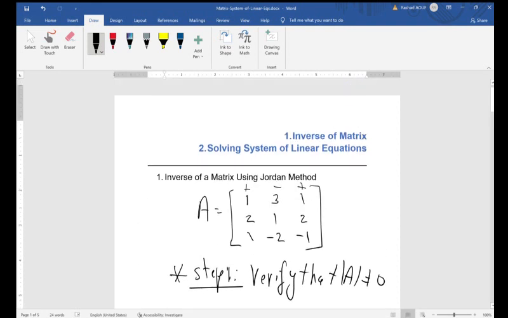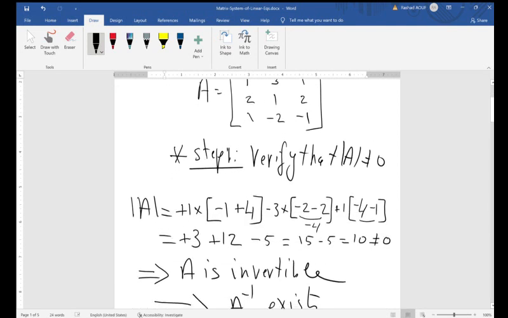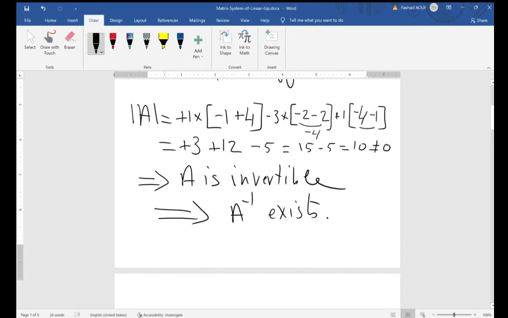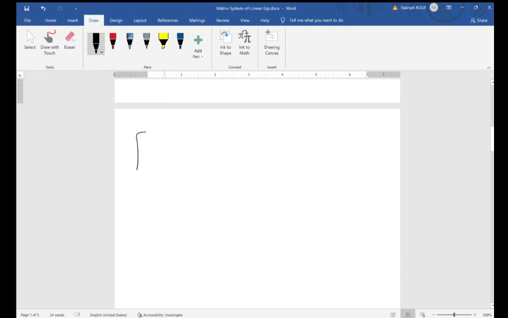Then now I'll apply the Jordan method to find the inverse, A minus 1. How do I do it? I'll show you now. I'll start with the initial matrix A, which is equal to 1, 3, 1, 2, 1, 2, and 1, minus 2, minus 1.